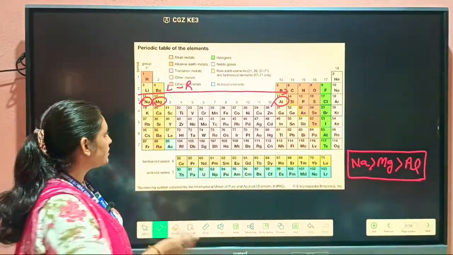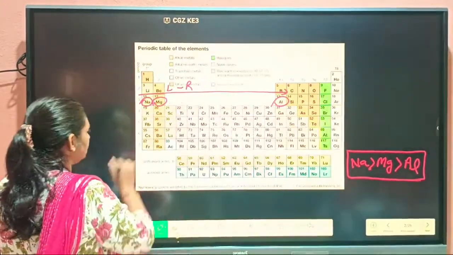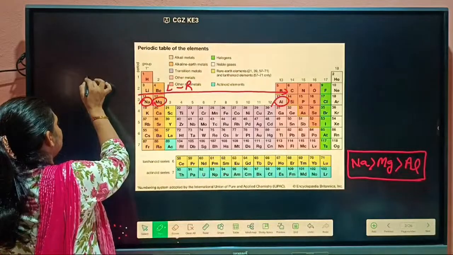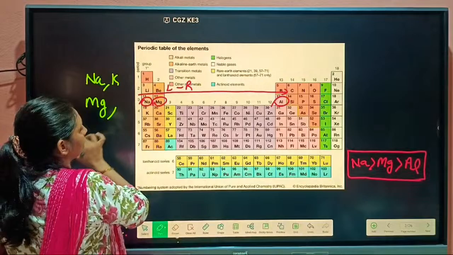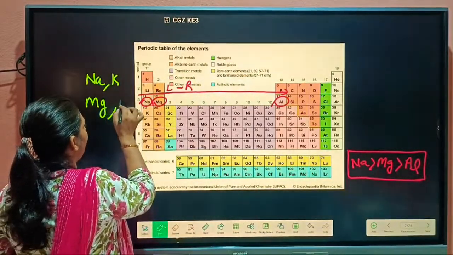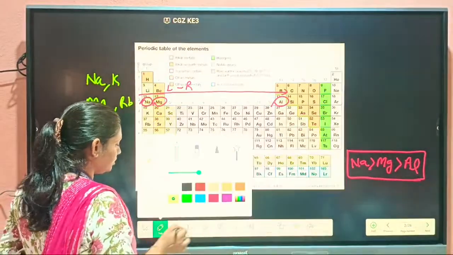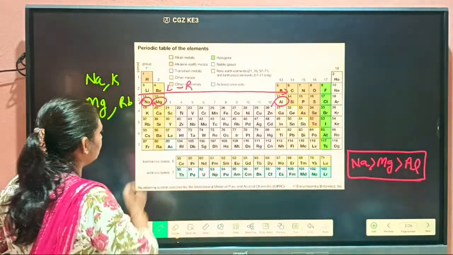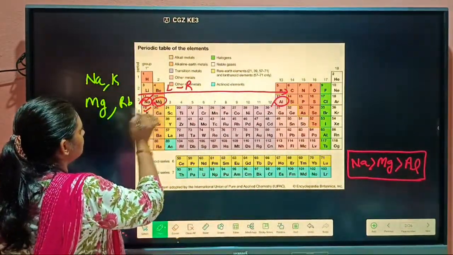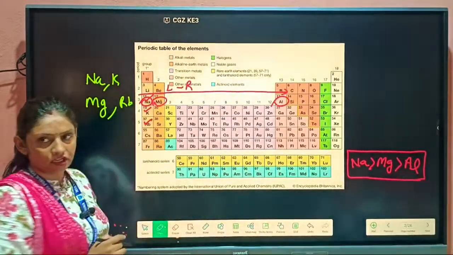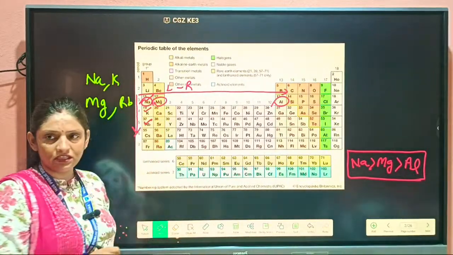If it is asked to you what is the size order in sodium, potassium, magnesium, and rubidium, how can you tell? You will see the position again. Here is sodium, this one is potassium, this one is magnesium, and this one is rubidium. First, you know very well that if we move down, then size increases.